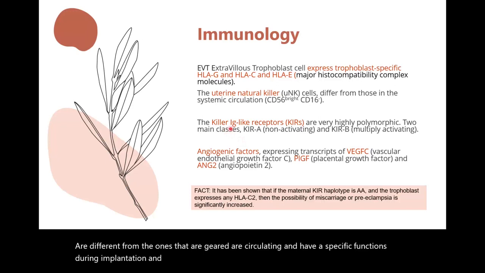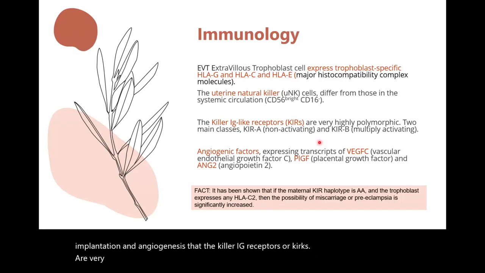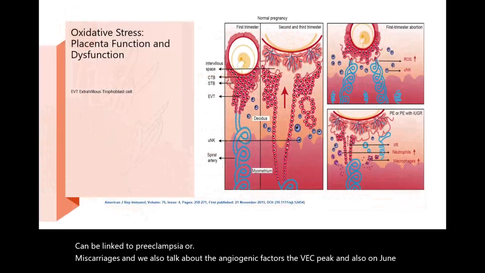The killer Ig-like receptors or KIRs are very polymorphic, and some of the alleles, like AA, can be linked to pre-eclampsia or miscarriages. And we also talked about the angiogenic factors like VEGF, PlGF, and also angiopoietin 2.